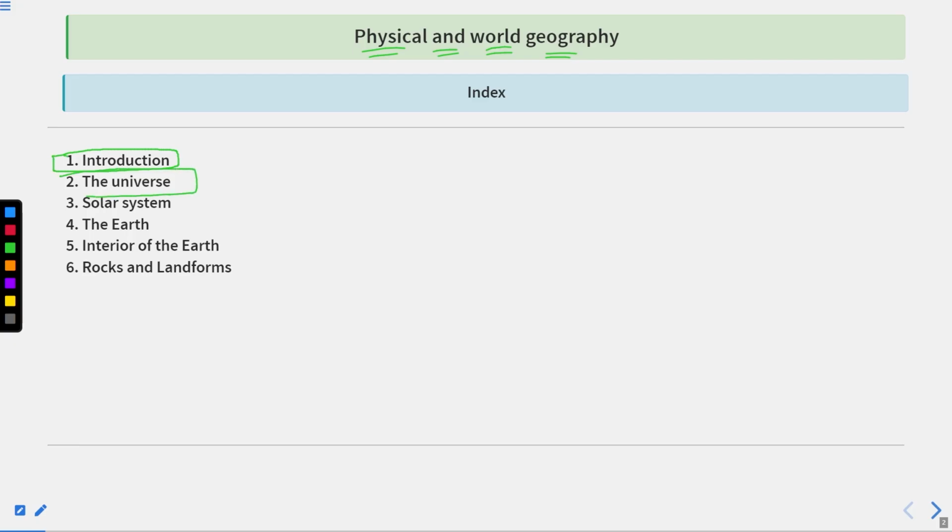Thereafter, we will have the universe, then the solar system, then the earth, then the interior of the earth, and then rocks and the landforms. So these are the topics that we are going to discuss.